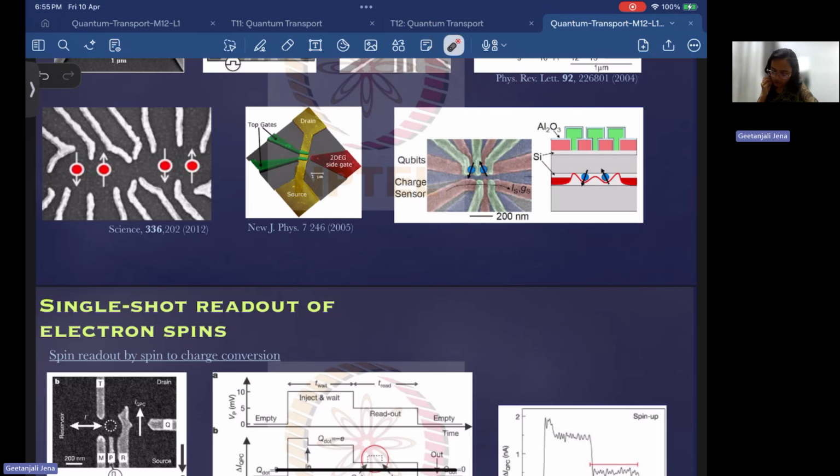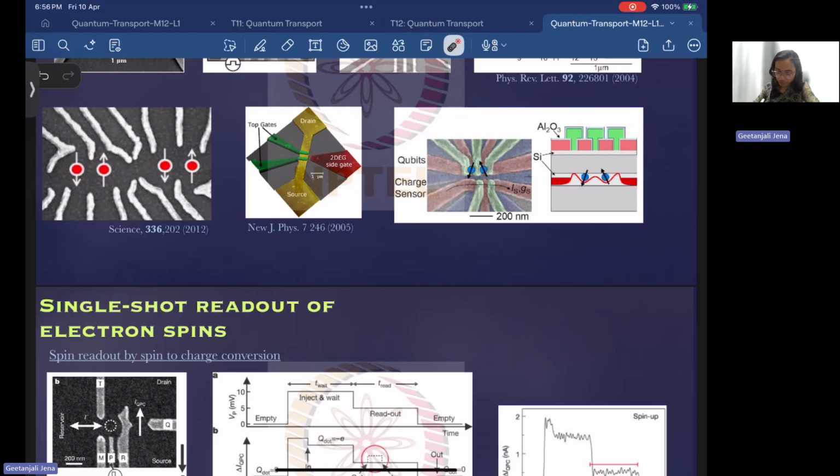Okay. But the most recent design is the MOSFET based design. For this case, we have a potential well. You can see there is a potential well created by these two gates, the red gate here and the green gate here.